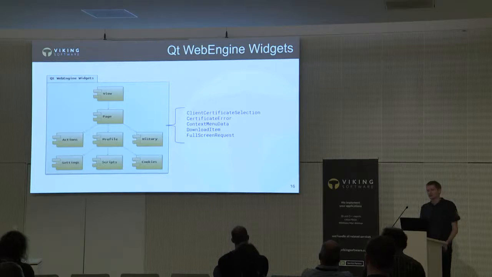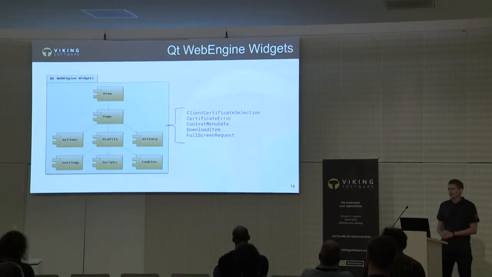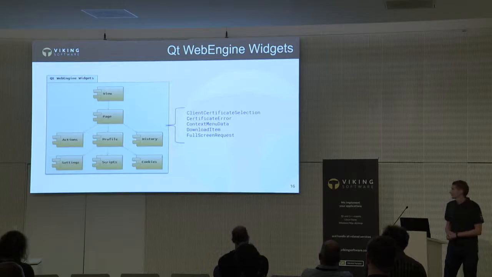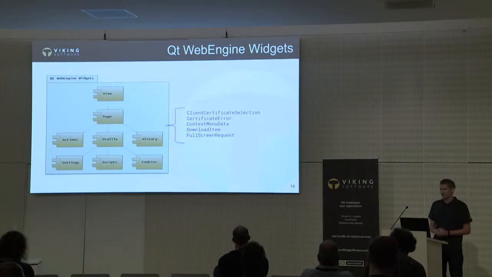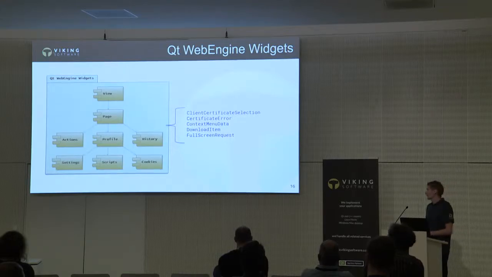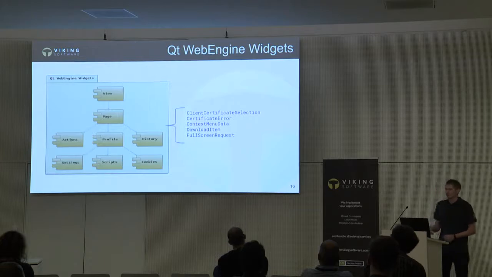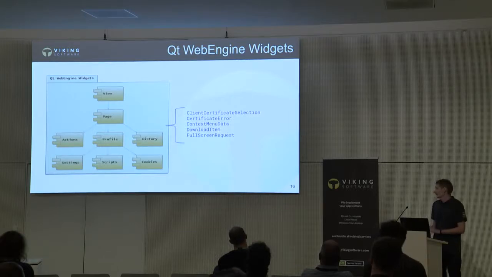The two topmost items, view and page, are a kind of model-view support. And this is the main difference between the C++ module and the QML module, because the QML module has just a single class, view, which provides the abilities of both view and page from C++. Other classes present here are pretty simple and obvious.